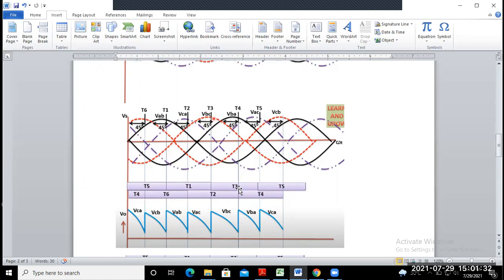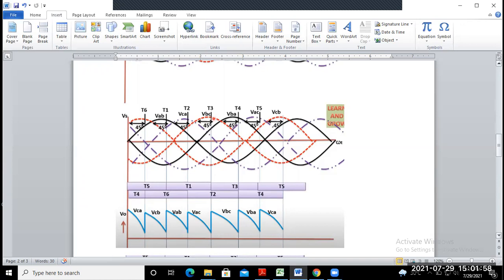So we stop here, and in the next class we will explain the rest of the waveforms of the circuit, that means thyristor voltage T1, thyristor current, or output currents IA, IB.